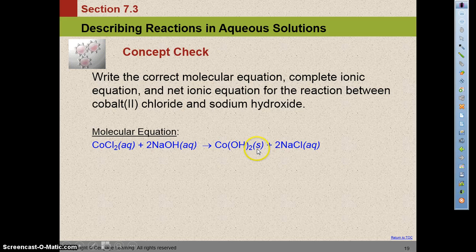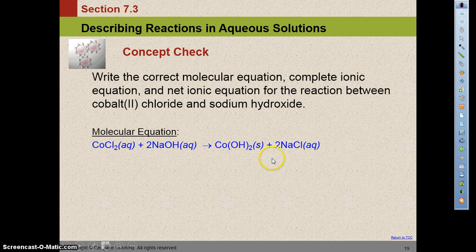If you look through them, you'll notice that on rule number 5, most hydroxide compounds are only slightly soluble, and this is not one of the exceptions. So slightly soluble is going to be solid here. And sodium chloride, of course, is a sodium salt and a chloride salt, so it's aqueous, and it will ionize in water. So that's our first step, the molecular equation.